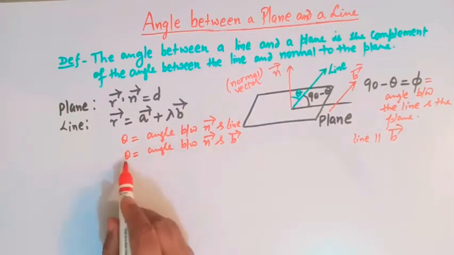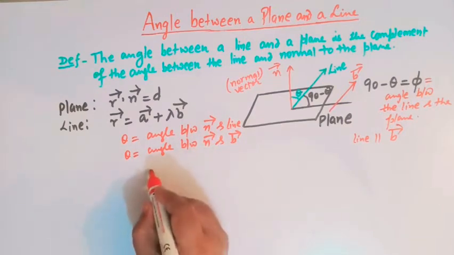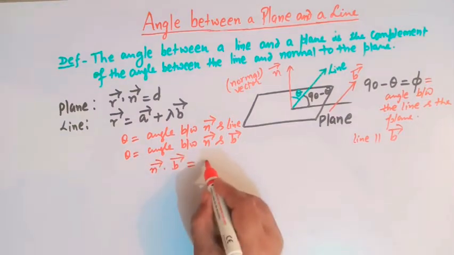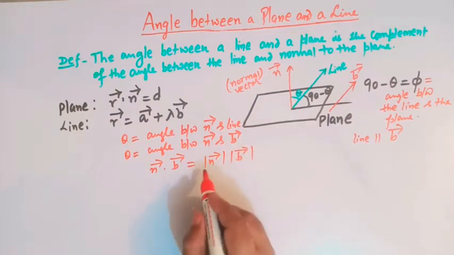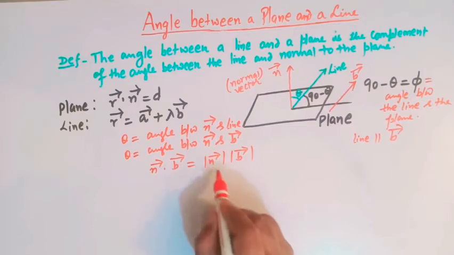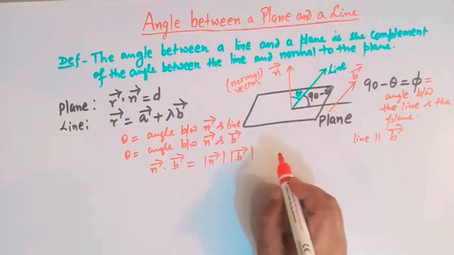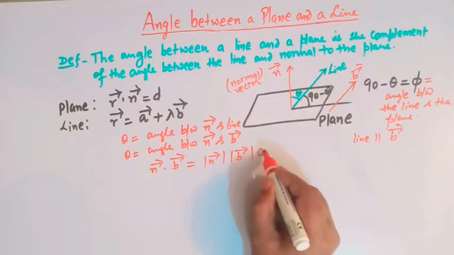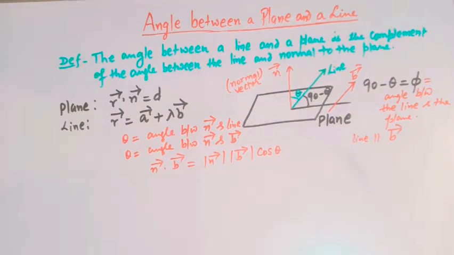Now if we take the scalar product of vector n and vector b, we get the magnitude of vector b multiplied by the magnitude of vector n, and the cosine of angle theta.